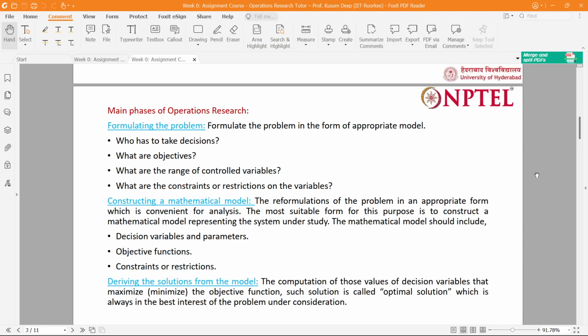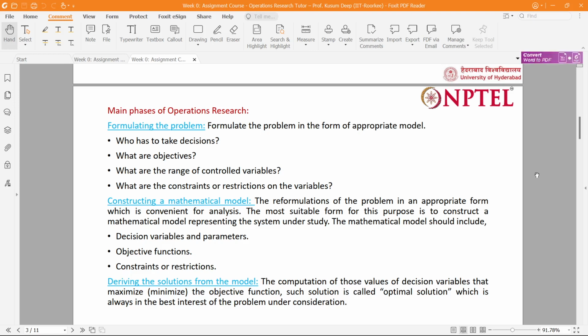Next, coming to the main phases of operations research. The procedure for an operations research study generally involves different phases. The first is formulating the problem.